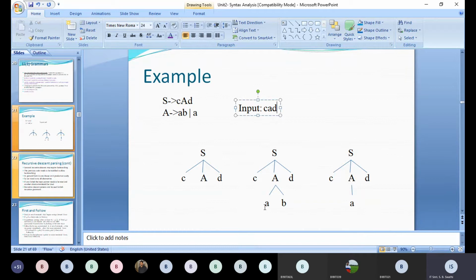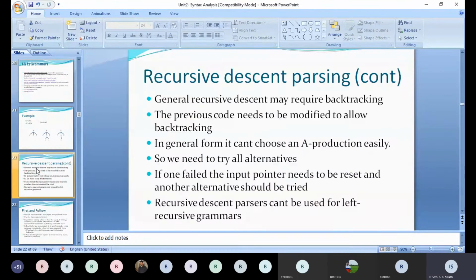Backtracking means whenever a particular string is not matching with a given input string, that string will be removed and reading of the non-terminal will happen again from the previous level. So from this bottom level we go to the previous level, capital A. Again pattern matching will be done. That is the procedure we follow in recursive descent parsing, so we need to do backtracking here. Whenever there is a mismatch of the string, the generated string should be modified, and again you have to go back.